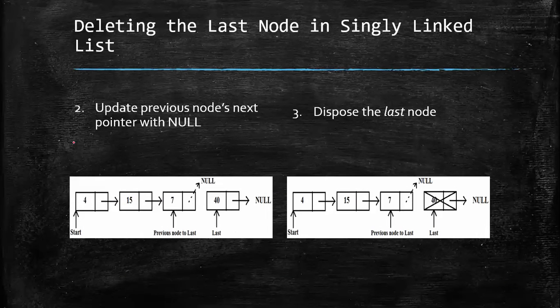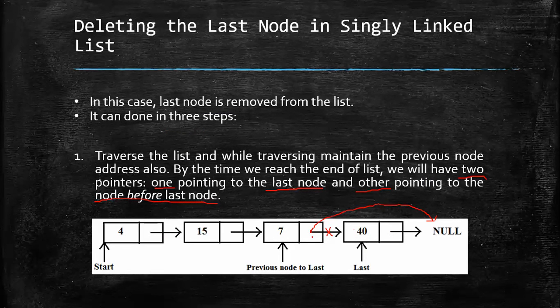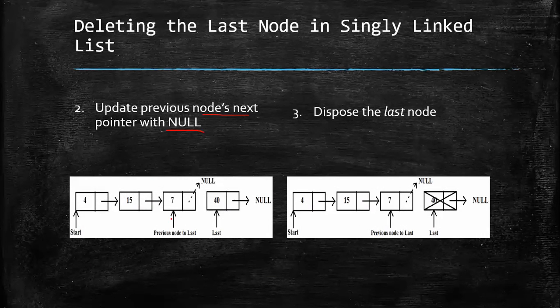The second step tells that we have to update the previous node's next to point to null. As we have seen in the previous slide, we want to make the next of the previous node point to null, and then dispose of the last node.